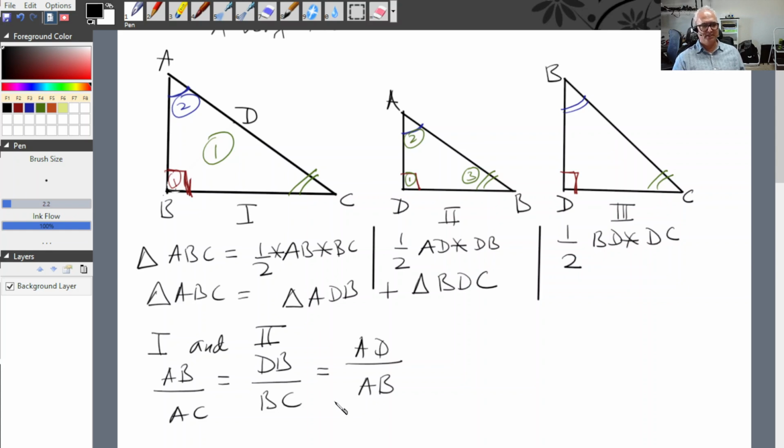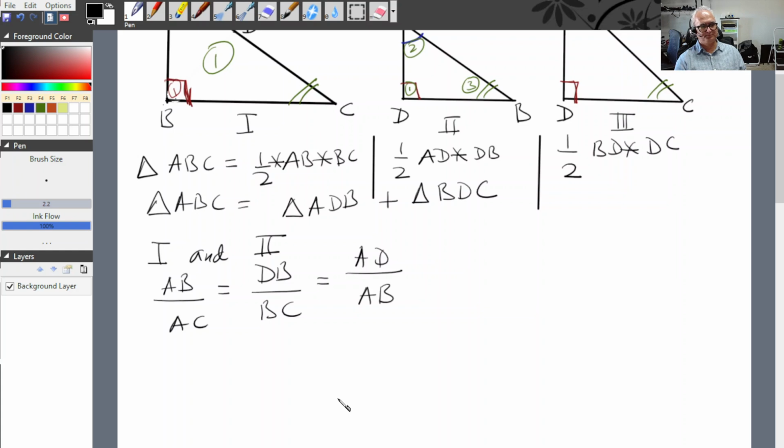So now let's solve this. DB will be equal to AB multiplied with BC divided by AC. So I'm using this relationship.